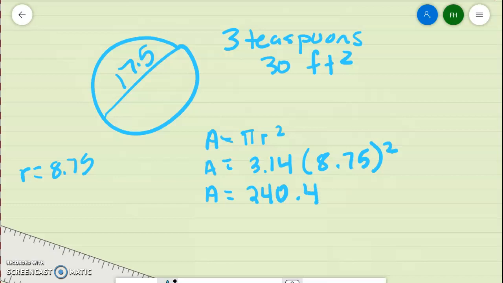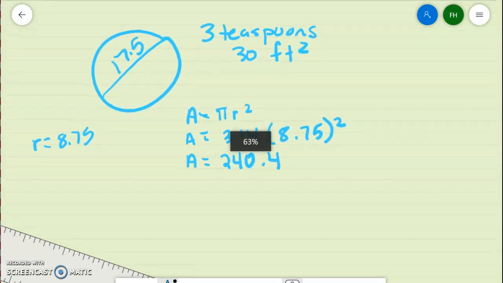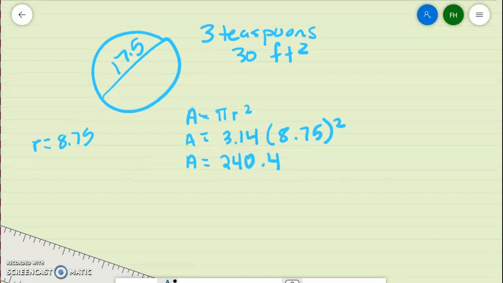I don't know. Yeah, I guess that's what she wanted you to round to on that one. So, I mean, I think she set it up as a proportion, and I guess you could do that. This is the number of square feet.